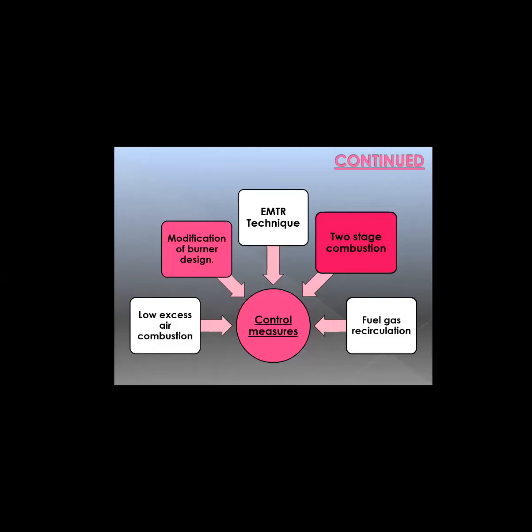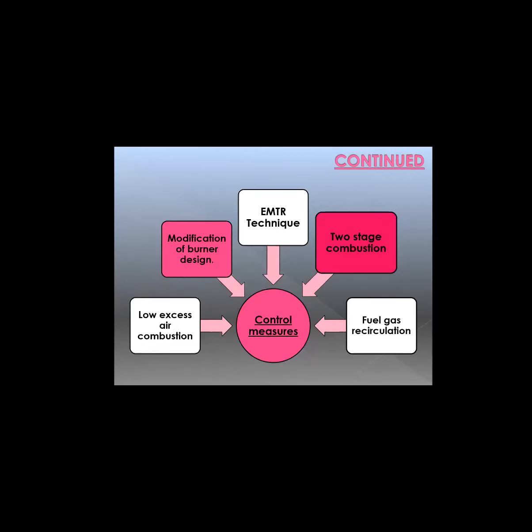Okay. The last one is fuel gas recirculation. As the name suggests, the fuel gas is recirculated once again back to the combustion chamber. So when recirculated fuel gas is being used, it is very obvious that it is deficient in oxygen. And as a result, it also minimizes the peak temperature. So there is a deficiency of oxygen, and also the peak temperature is minimized.